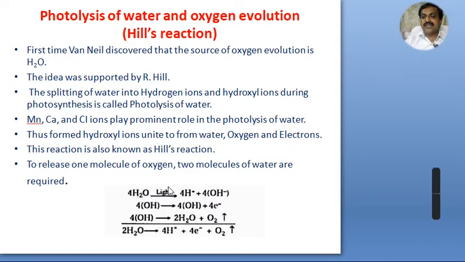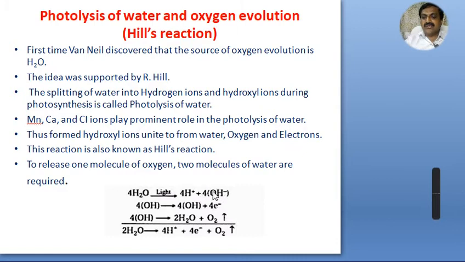Breaking down of water into H plus and OH minus ions in presence of light energy is called photolysis of water, for which manganese, calcium and chloride play a very important role in splitting up of water. So photolysis of water can also be defined as splitting up of the water molecule into H plus ions and OH minus ions in presence of light.